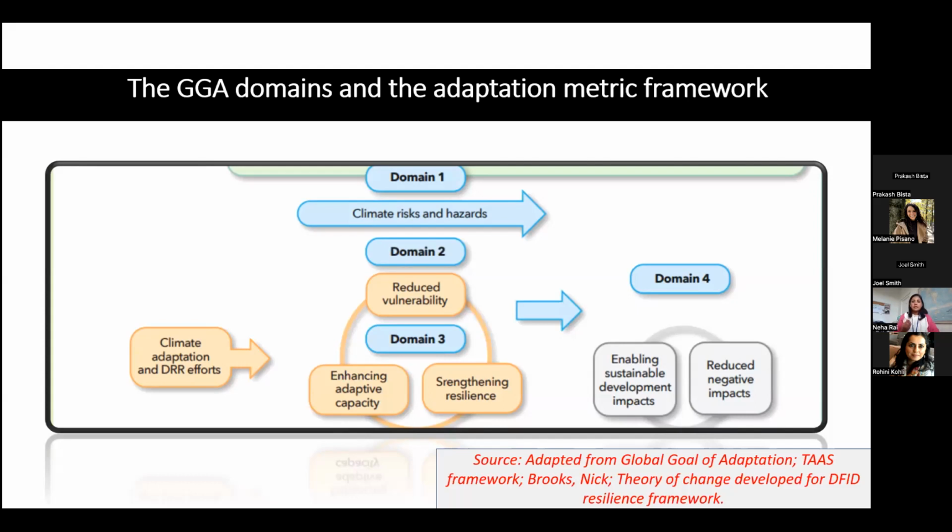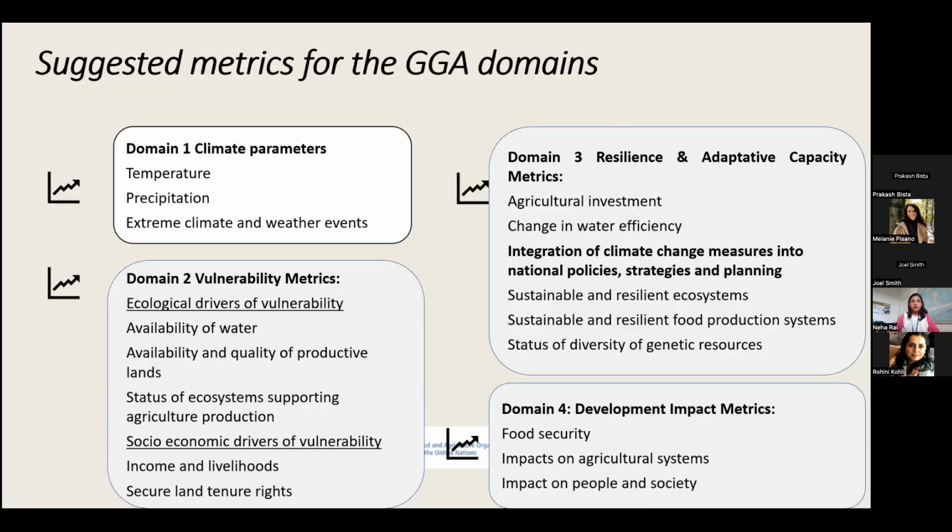In essence, if countries want to assess whether adaptation actions are yielding meaningful results, they must examine whether their adaptation efforts are effectively achieving these 4 key elements. And that's what this metric framework really talks about. Now, how can countries really utilize the metric framework to measure adaptation outcomes by identifying specific indicators?